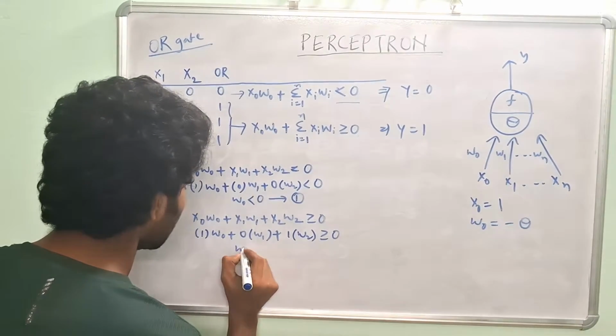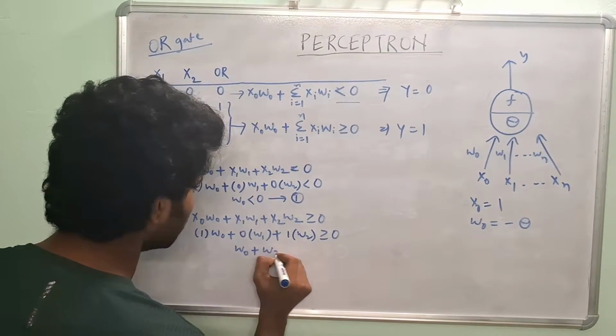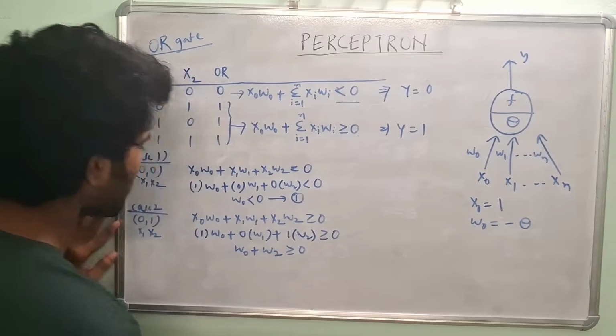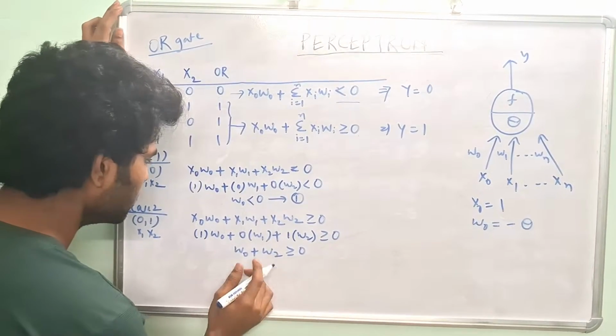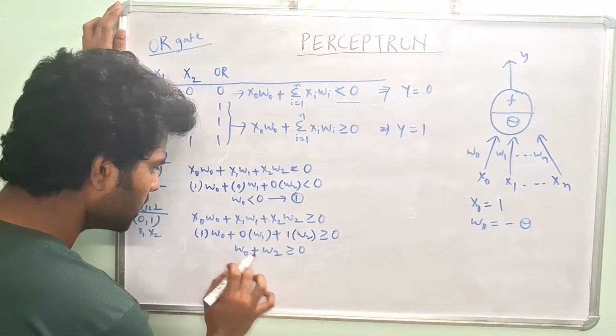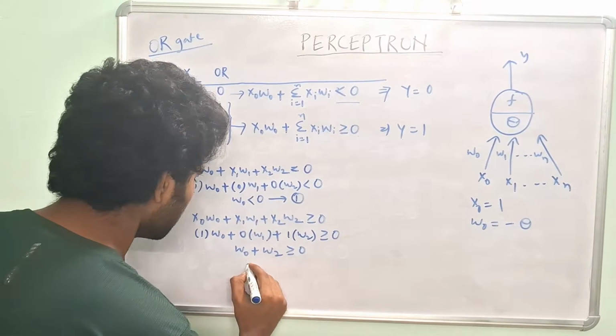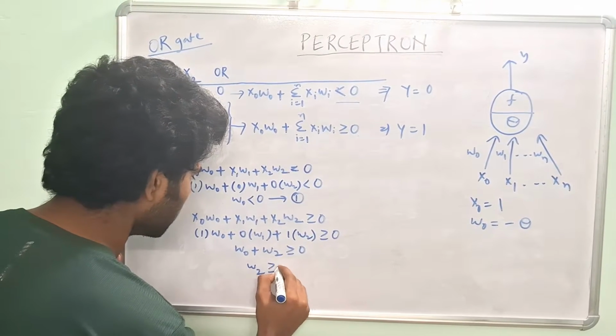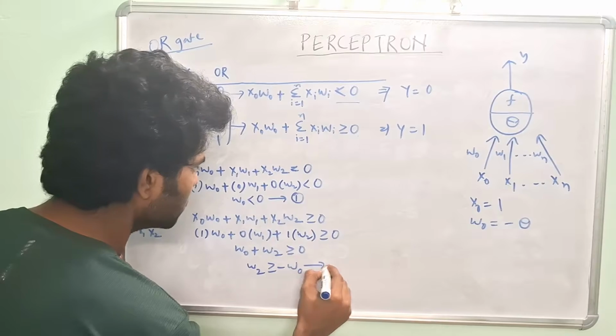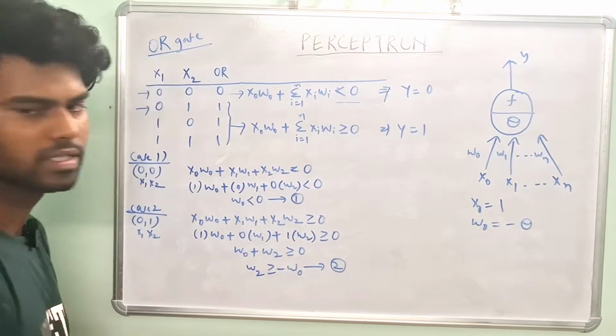Here w0 + w2 ≥ 0. You just send w0 to the RHS side, w2 ≥ -w0. So this is the second equation.